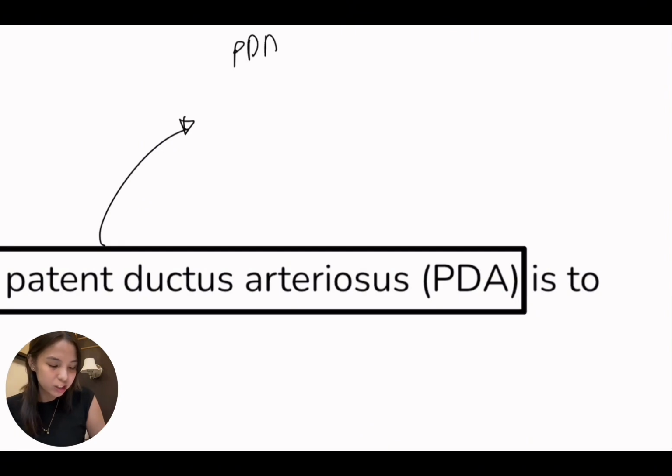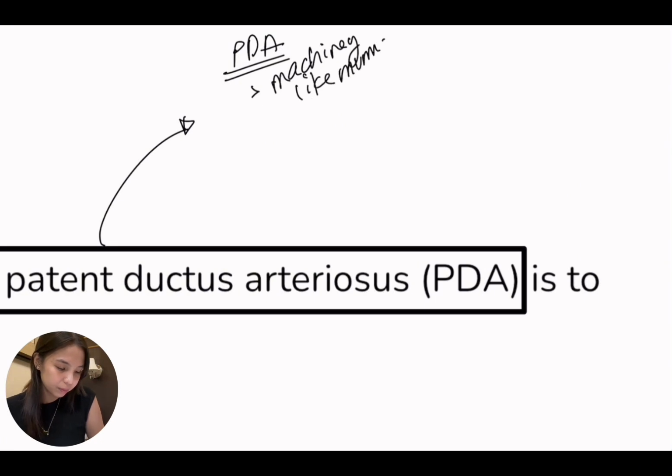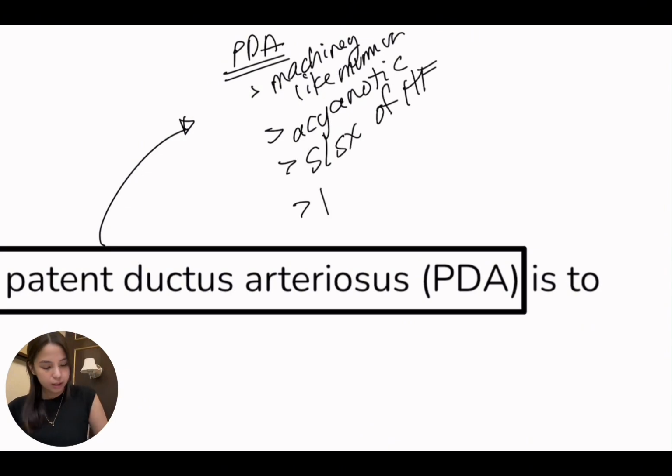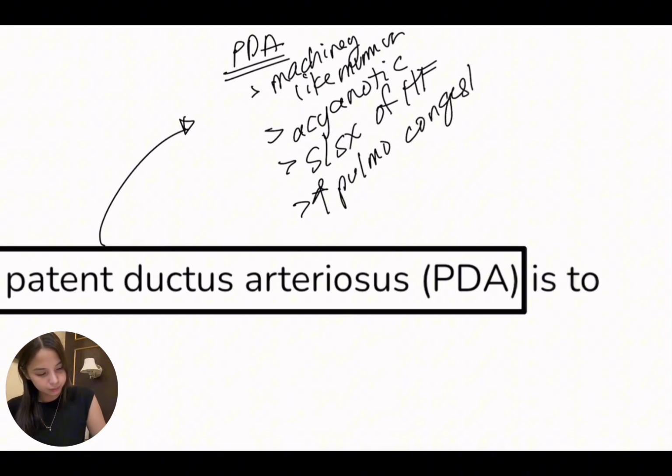So what is patent ductus arteriosus? Machinery-like murmur, acyanotic, signs and symptoms of heart failure, increased pulmonary congestion or blood flow, and last is indomethacin.